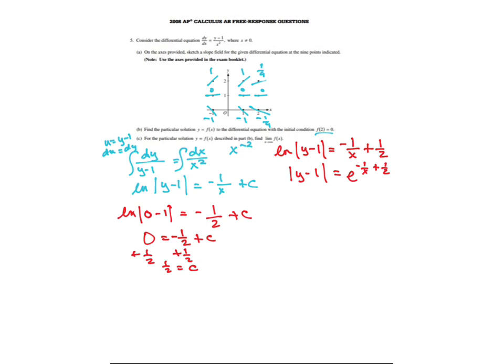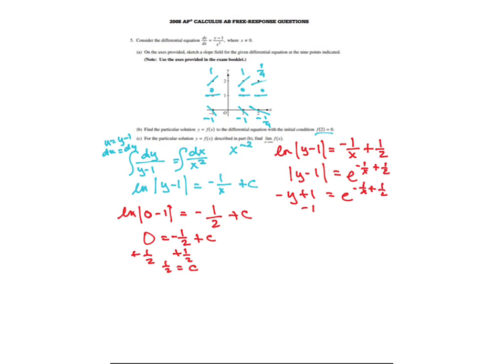They picked the negative option. So they say negative y plus 1 equals e to the negative 1 over x plus 1/2. We may have to dig a little further. For now, let's just go with it. I'll try to dig a little deeper and see what I can find out about that. I didn't have time.